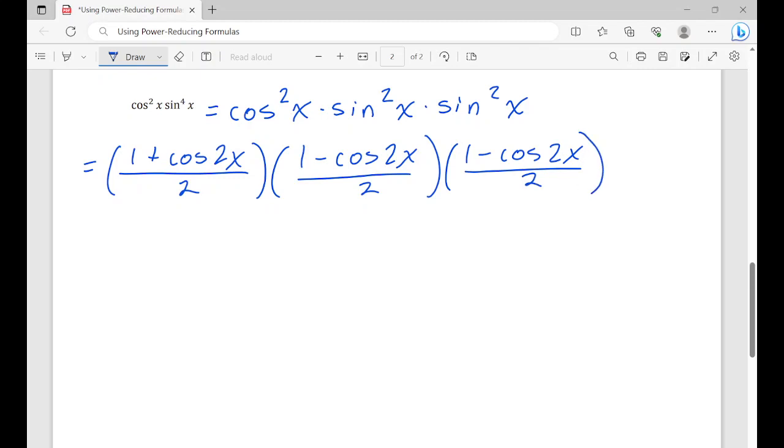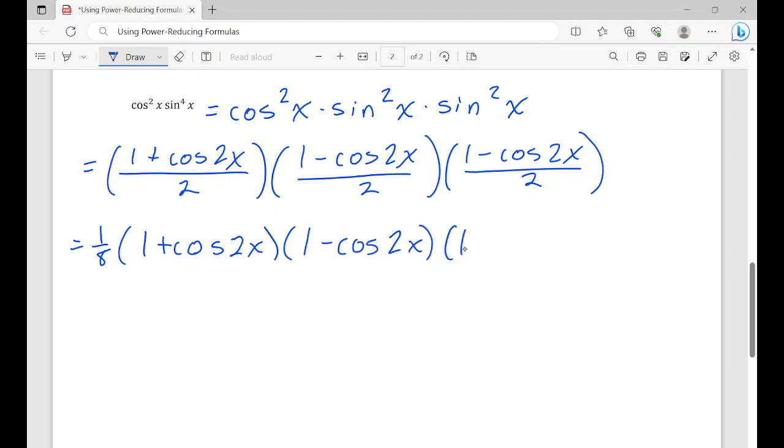And what I'm going to do is factor the 2's out. So 2 times 2 times 2 is going to give me an eighth. So 1/8, 1 plus cosine 2x, 1 minus cosine 2x, 1 minus cosine 2x.